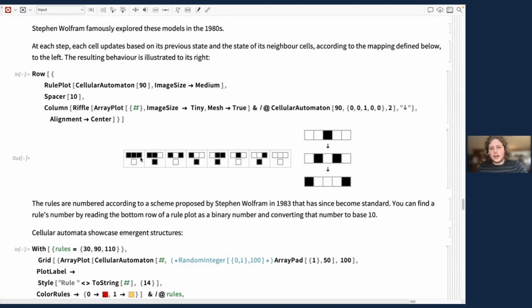This is how you would read it: this is the previous state, this is the subject cell, this is the state of the subject cell at the next time step. If you apply this rule in sequence, you get this evolution where, starting with this initial condition, the cells will separate and then they'll separate again, they'll sort of drift apart.